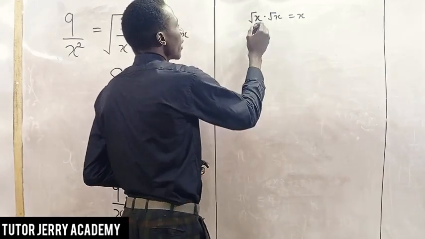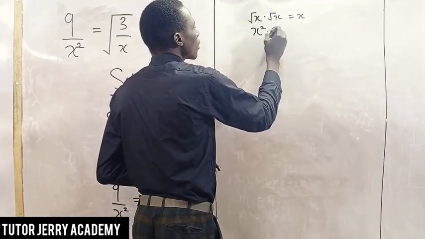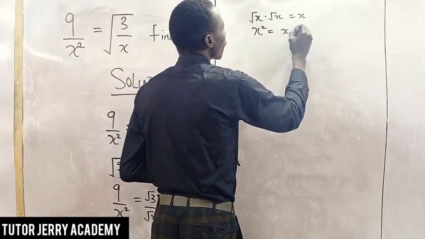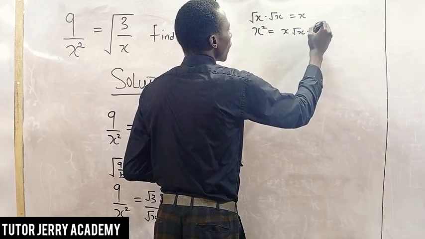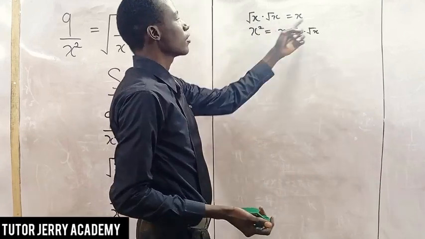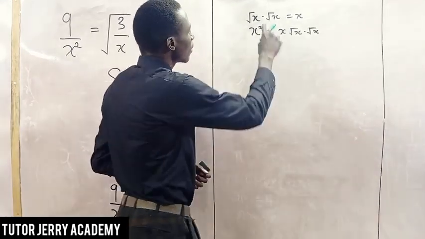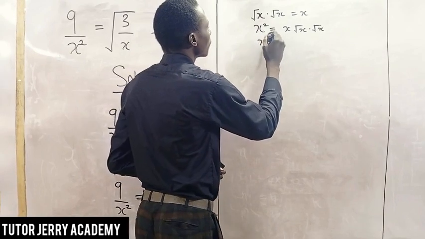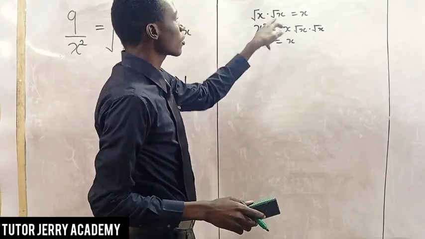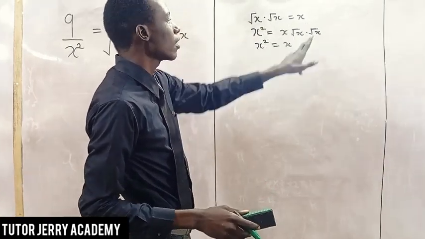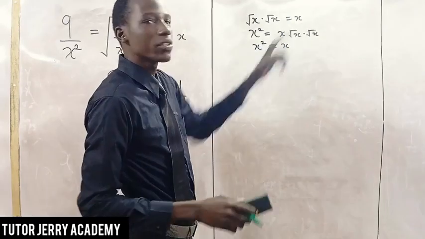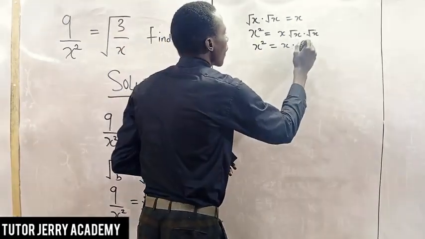It means that x squared can be written as x multiplied by the square root of x multiplied by the square root of x, because the square root of x multiplied by the square root of x is equal to x. So we are going to replace it with x multiplied by x.